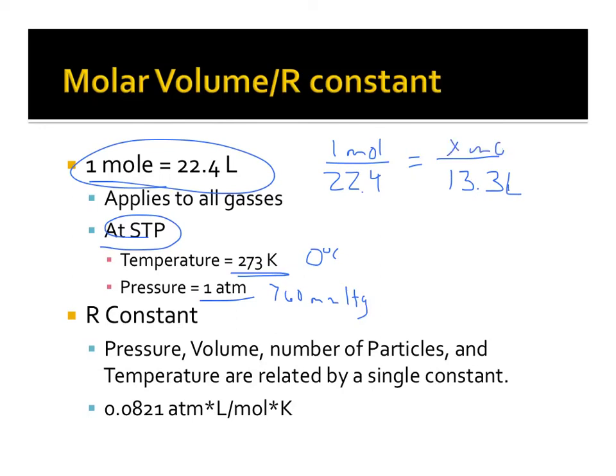What is our moles? We can figure that out using this proportion. So it's very helpful in that way. We did briefly talk about this in semester 1 when we were looking at the gas laws, but here it is a little bit more explained.